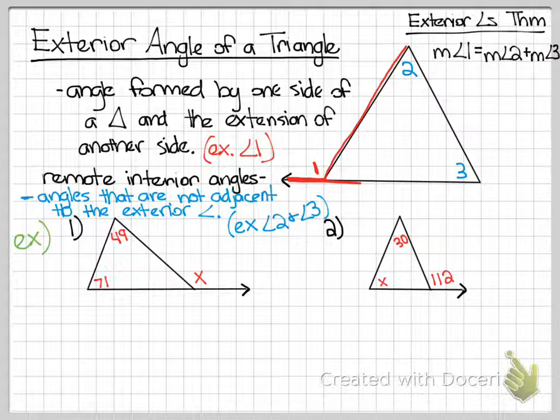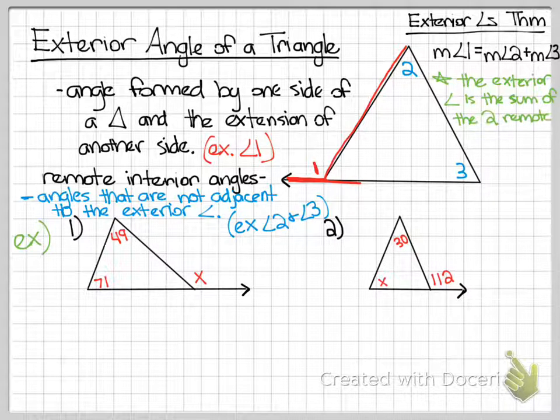All right, so if we're going to write that in words, and I'll do that under it, the exterior angle is the sum of the two remote interior angles.